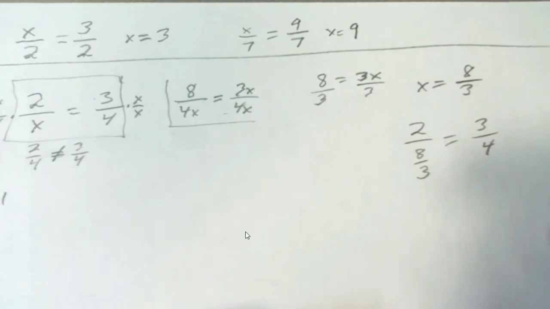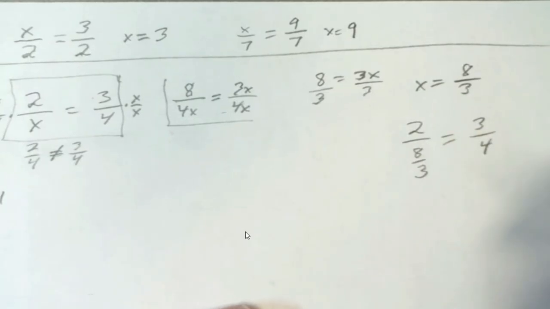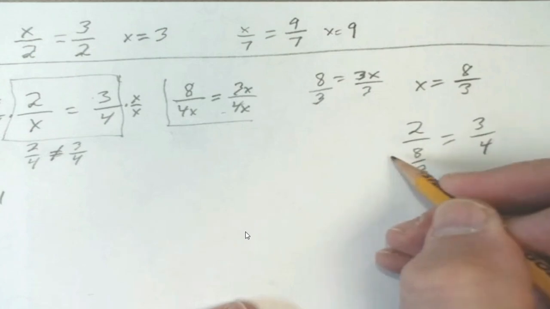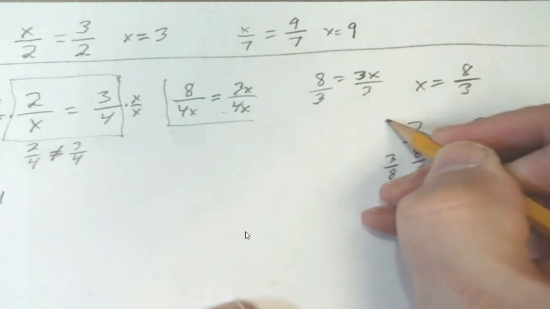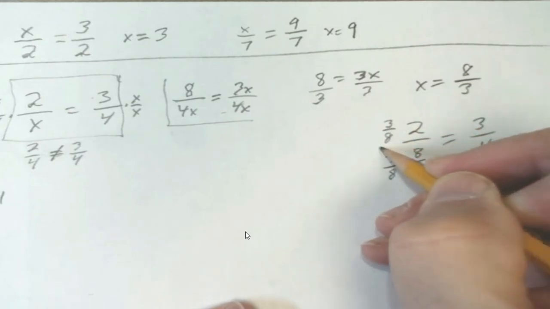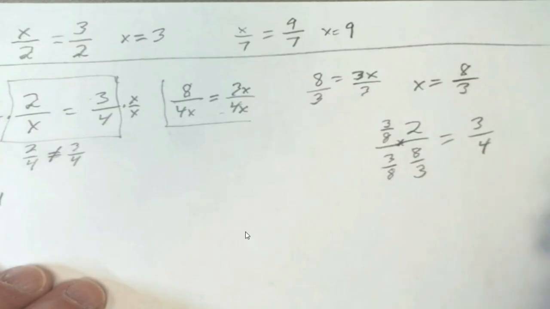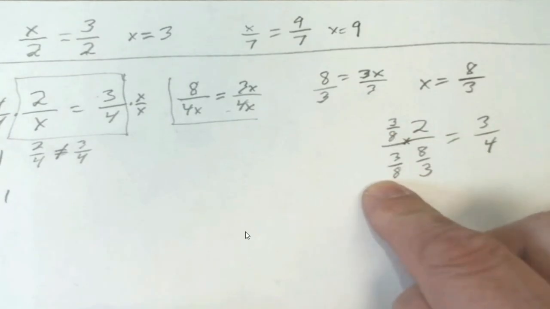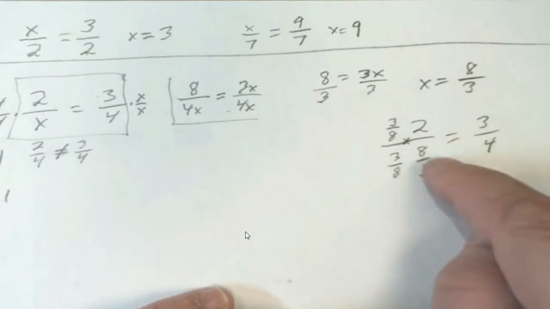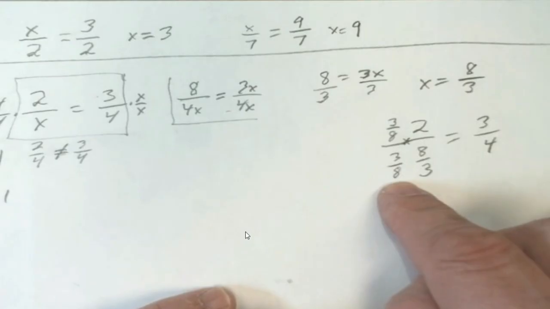When you have a fraction inside of a fraction, you simplify it by multiplying it by its inverse fraction. I'm multiplying this by 3/8 over 3/8. 8/3 reversed is 3/8. You're like, I can do that?